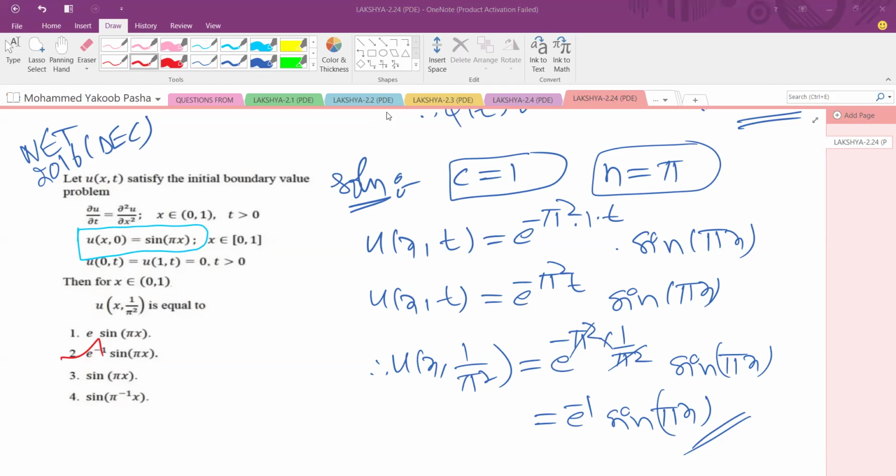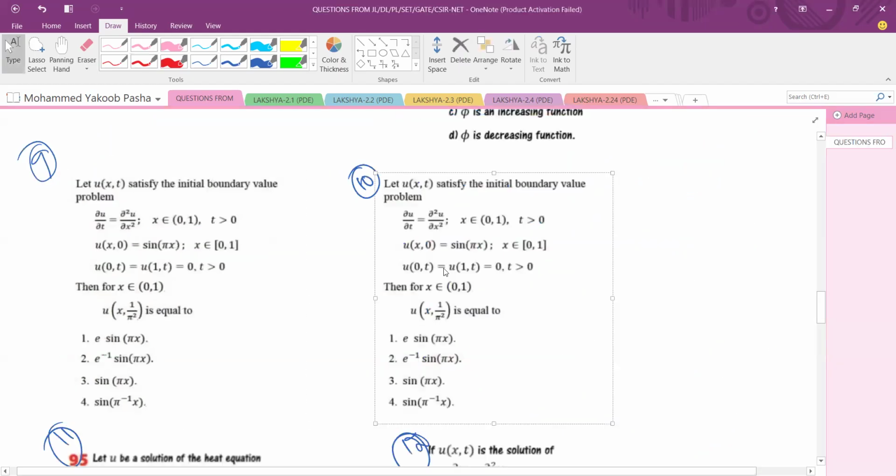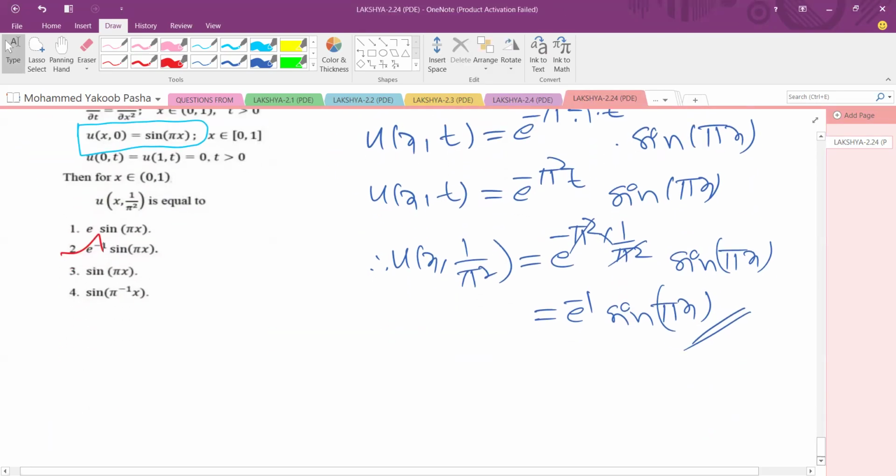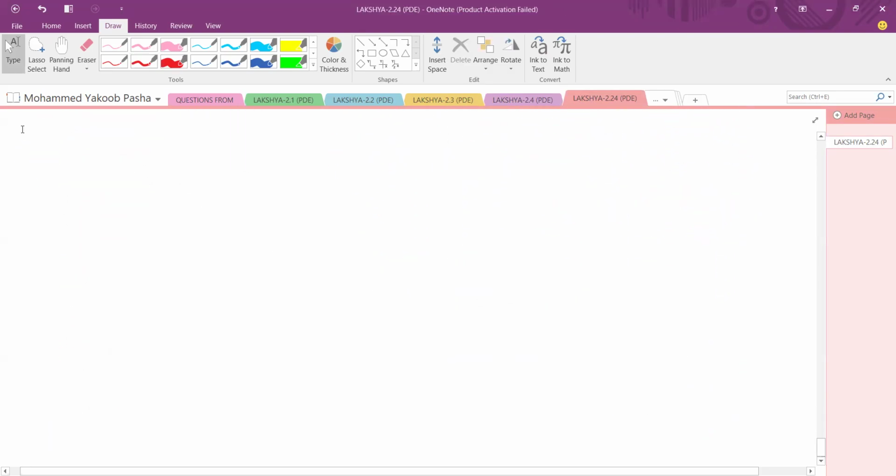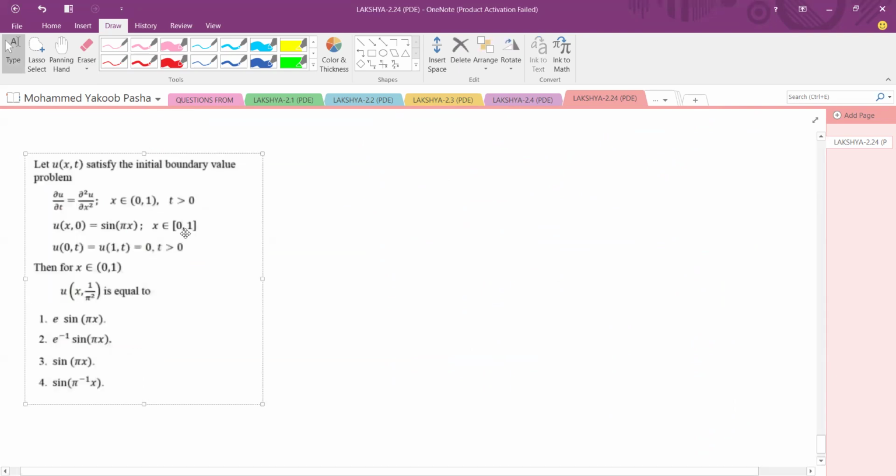Now I'm taking another problem, my 10th problem. This is a CSIR NET 2012 problem.